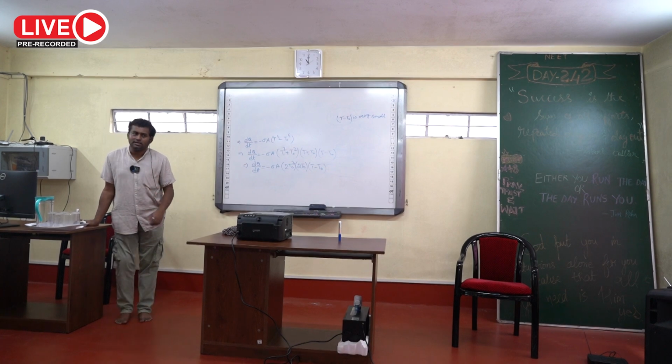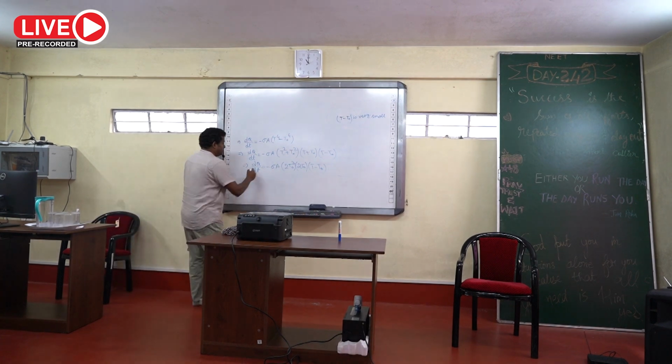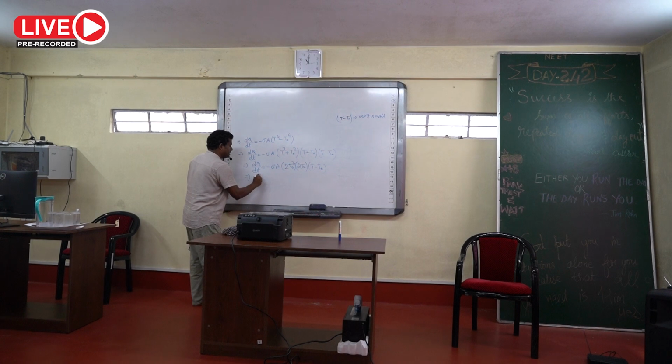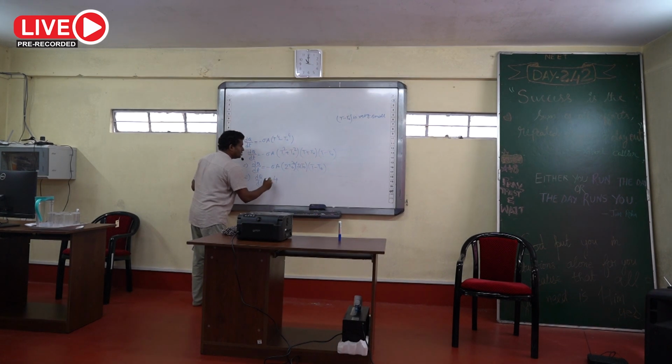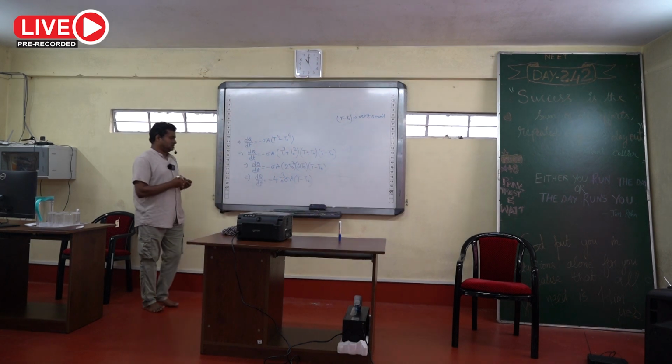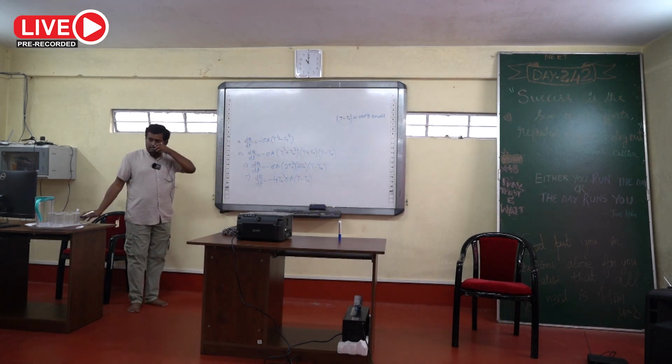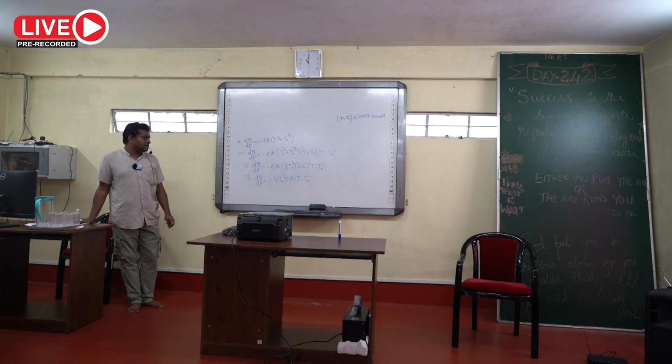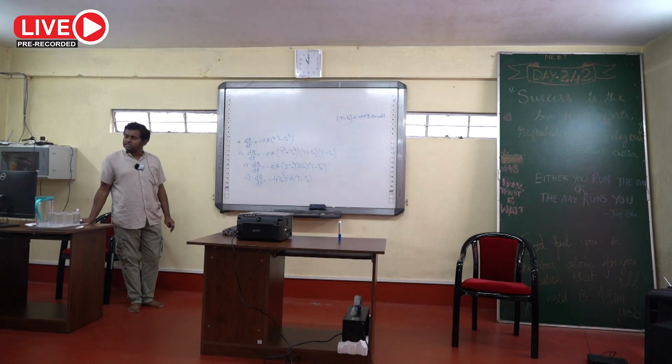Then dQ/dt equal to minus 4 T naught cube sigma A into (T minus T naught).